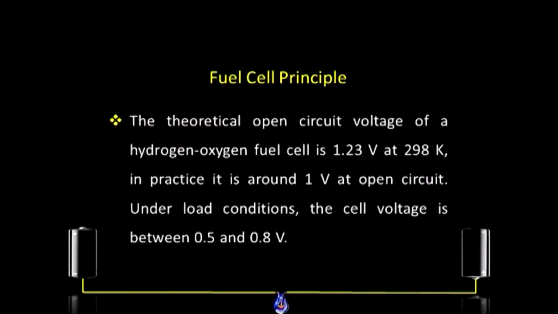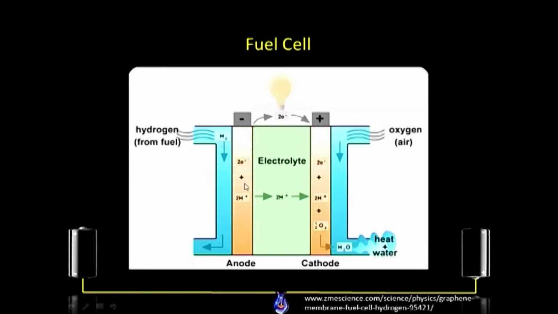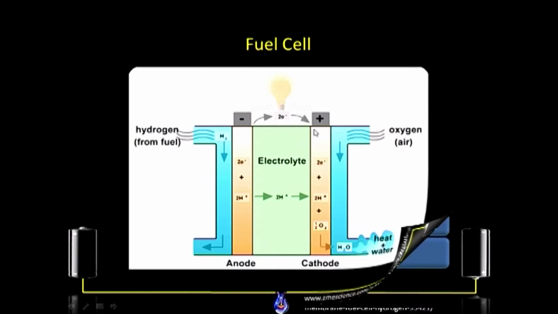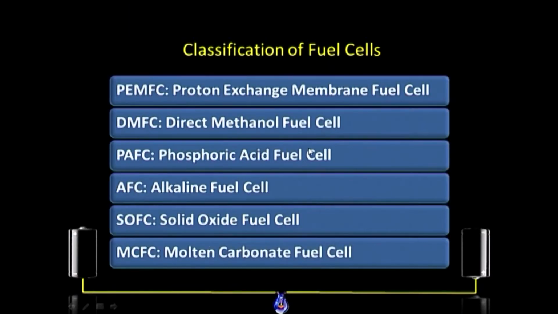As hydrogen ions are released from the anodic material, these ions act as a current passage which can be used for a load. Now the classification of the fuel cells.